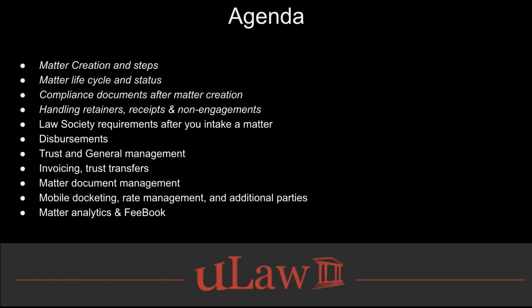So we're going to see all those under law society requirements after you intake a matter. And disbursements, of course. What if there's some disbursement for the specific client? And the general trust and the general management, invoicing, trust transfers. If there's any retainer remaining in trust, how do you refund them? What are the documents you need to keep as a track audit trail?